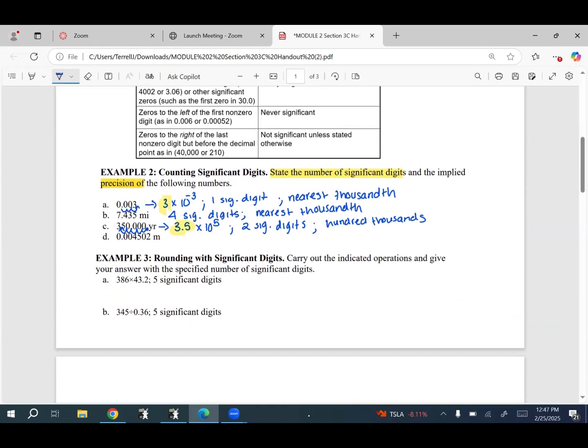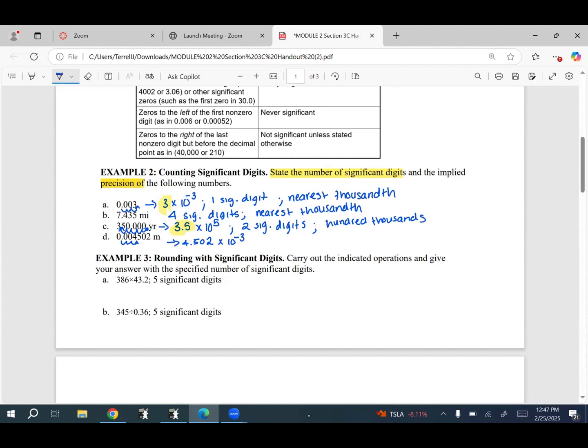And the last one, D, is not a number between 1 and 10. So my first step is to put this into scientific notation. So 1, 2, 3. I can stop there. So that gives me 4.502 times 10 to the, I moved the decimal point 3 places. It was a small number, so it's a negative 3 exponent.